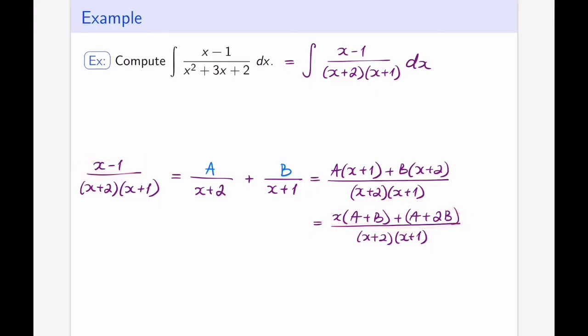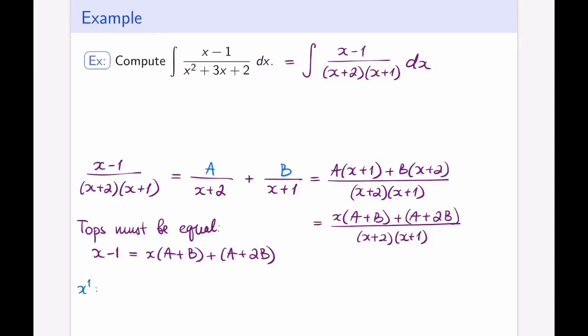Once I'm down to here, I now know that tops have to be equal, so that is what I will be comparing the powers of x on. Tops must be equal. Let me be thorough here. x minus 1, therefore, must be equal to x times (a plus b) plus (a plus 2b). And now I will be comparing powers of x. If I compare x to power 1, on the left, the coefficient in front of it is simply a 1.